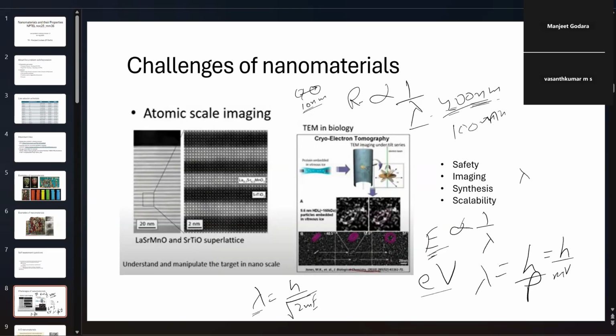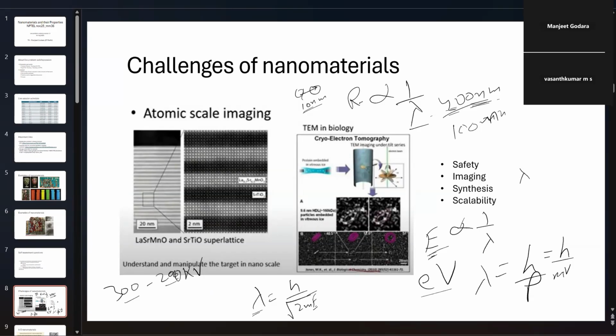For inorganic samples, you can use very high energy electrons, like 200 or 300 kilovolts of potential to accelerate the electron. However, if you use these high energy electrons for biological samples, they damage the tissues and you won't get an image.